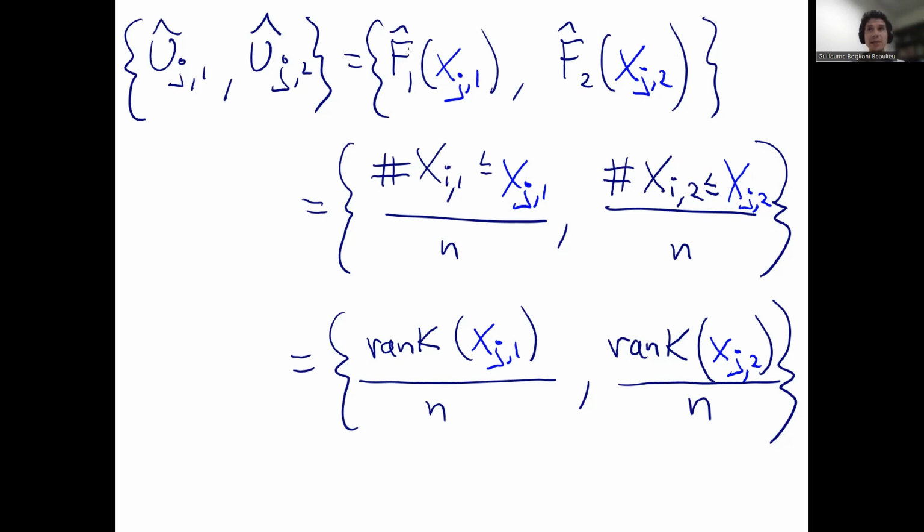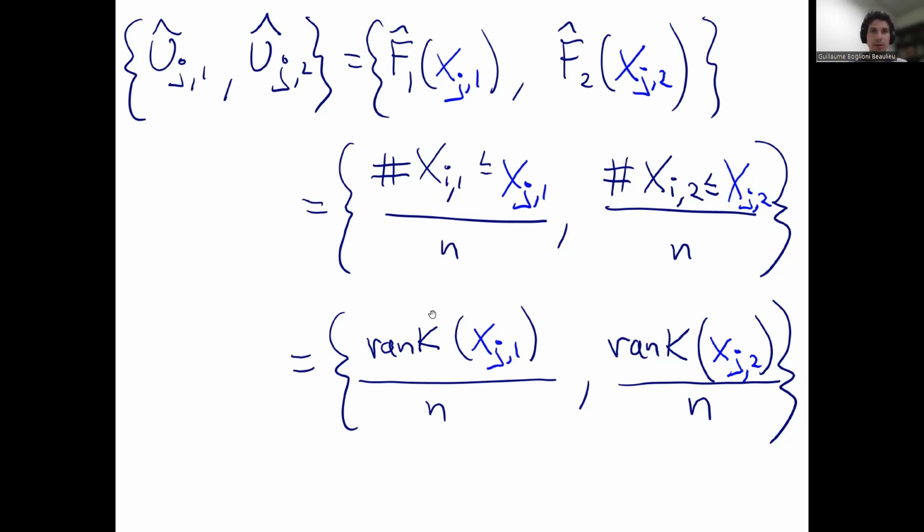Well, f1 hat is the empirical CDF. So it's simply the number of observations that are smaller or equal to xj1. I write this as the hash of xi1, the number of observations for the first variable that are smaller than xj1. Well, by definition, this is the rank of xj1, the number of observations that are smaller or equal to xj1.